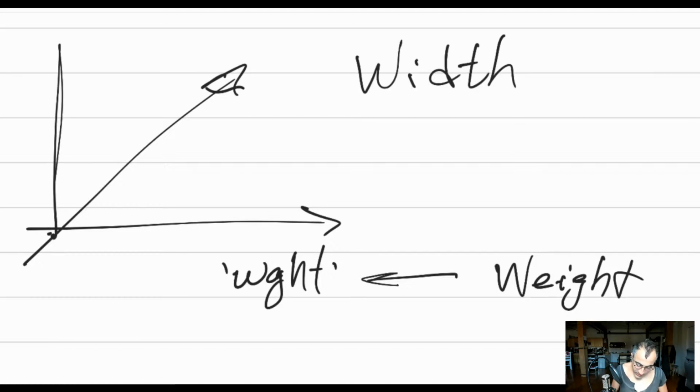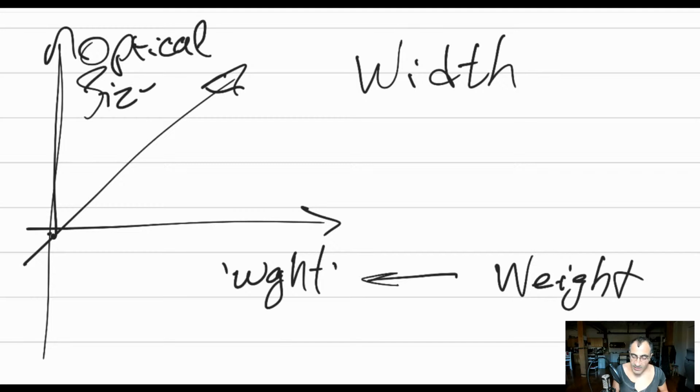There's also a standard optical sizing axis. Optical sizing basically refers to this concept that the font, depending on the size, is not just linearly scaled. It actually changes the form depending on the desired size. So these are three of the main standard axes, but you can have arbitrary axes.